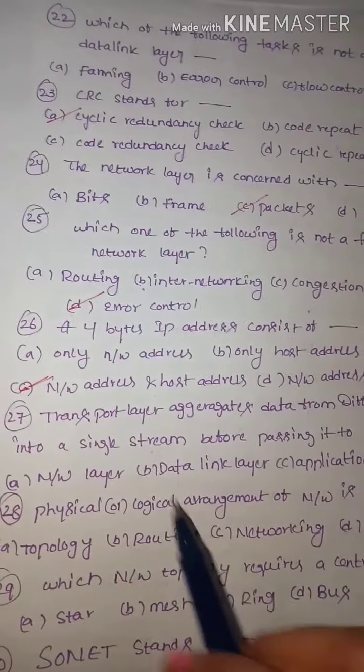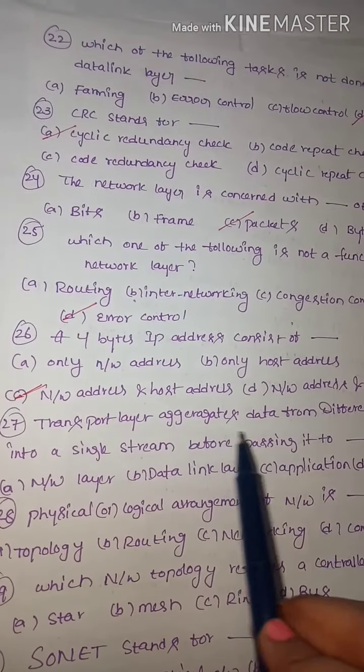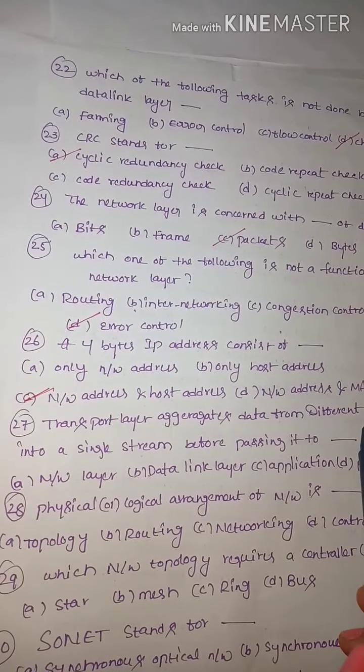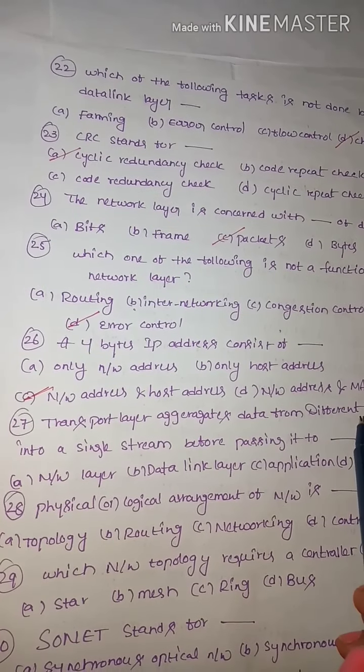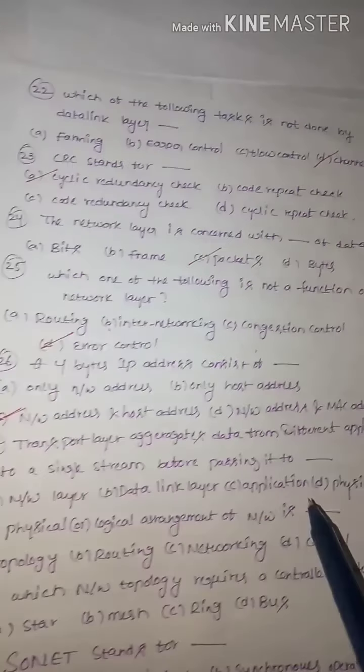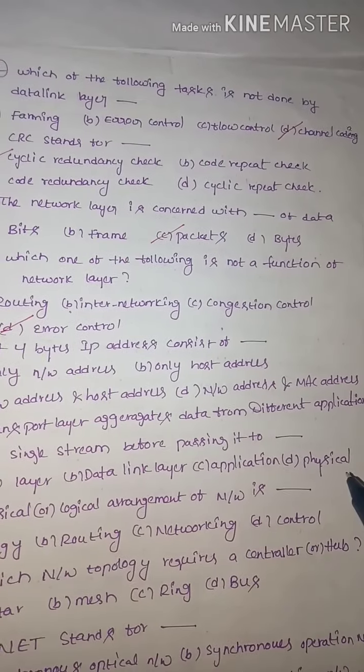Next one, the transport layer aggregates the data from different applications into a single stream before passing it to a dash. Option A network layer, option B data link layer, option C application layer and option D physical layer.